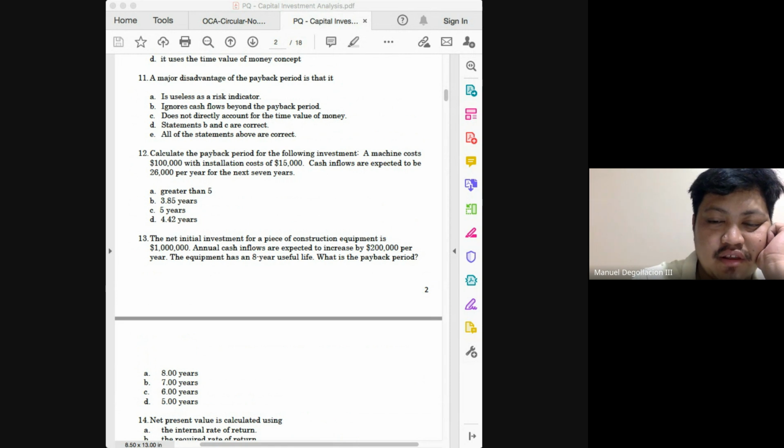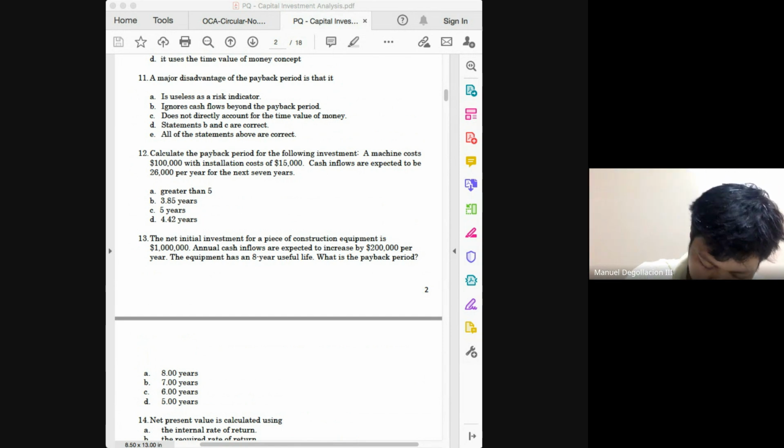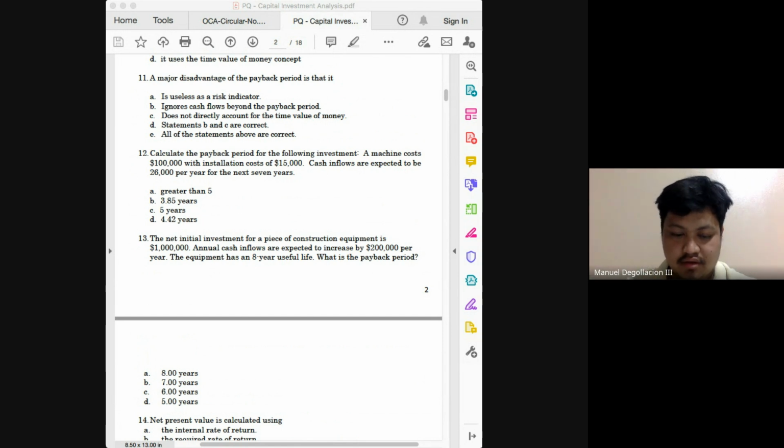These two are the significant disadvantages of the payback period. The prominent advantage of using the payback period is simply its simplicity in determining the payback period.